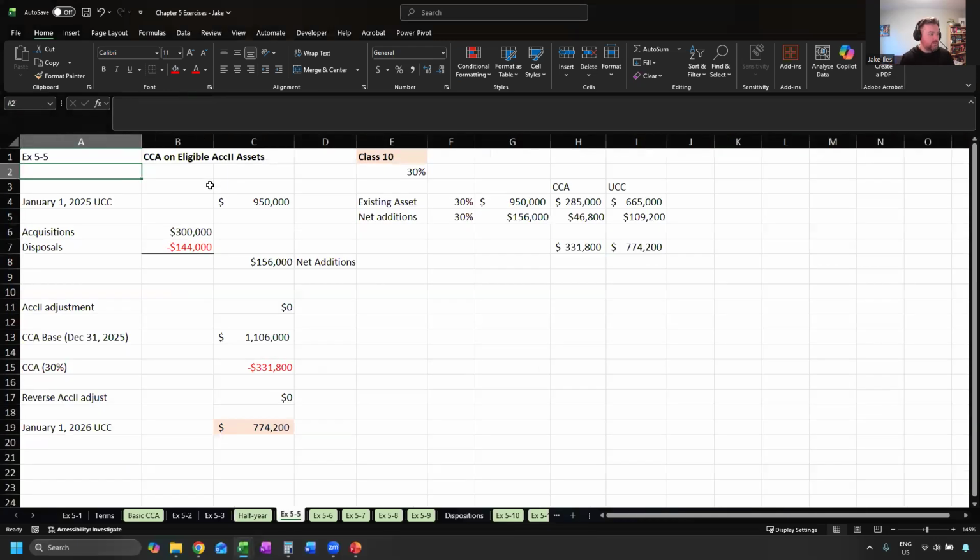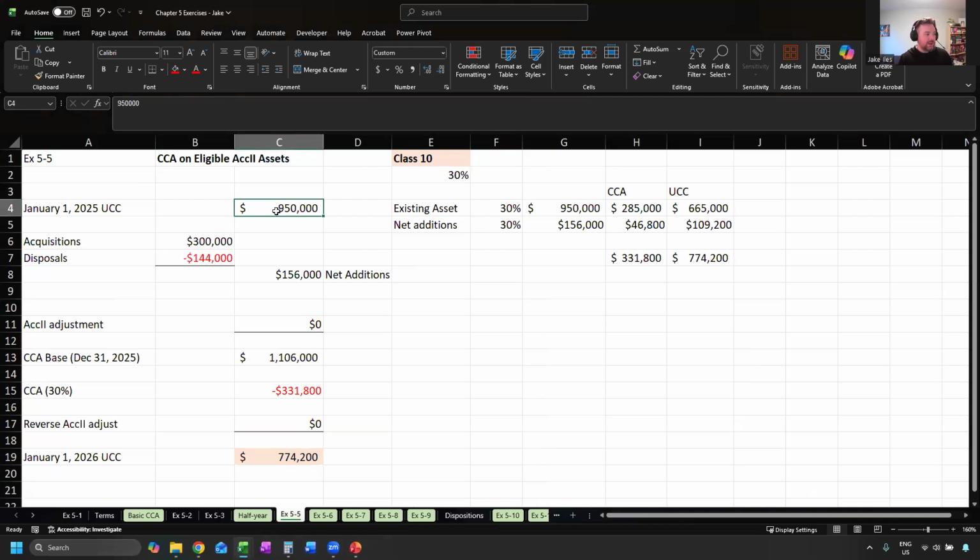So we have 950,000. Our additions will net against each other, so we'll add 156,000 to the UCC balance. UCC of 950 plus 156, our total UCC is 1.106 million. Taking 30% on that, we have a CCA deduction of 331,800, leaving 774,200 to carry forward to the next year.